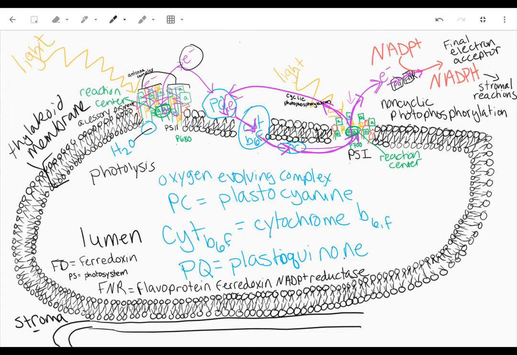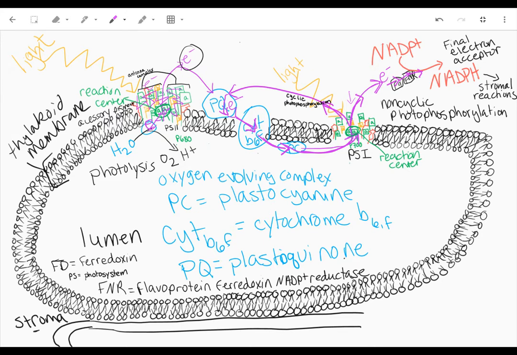So H2O gets picked up by the oxygen evolving complex, and what we're going to get out of that are some protons, oxygen, and the protons are positive, so what happened to our little negative guys? Well, the electrons are going to be stripped off and given to our reaction center to replace its missing electrons.